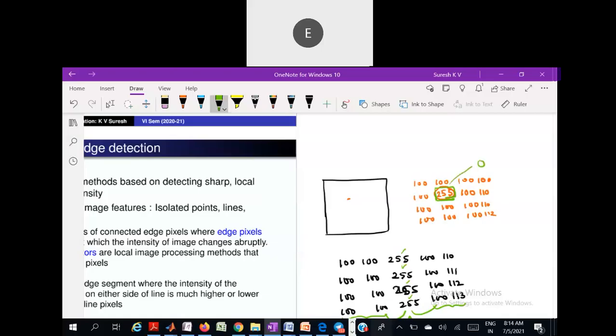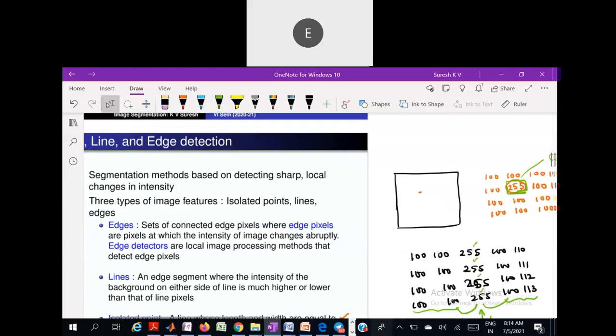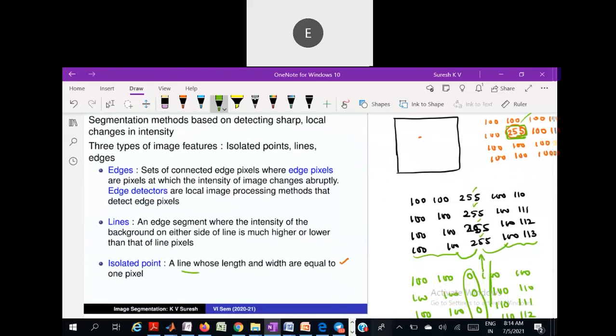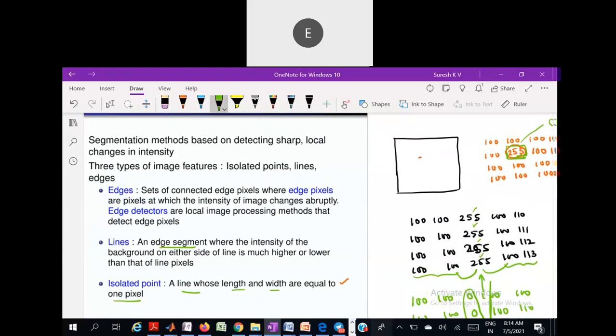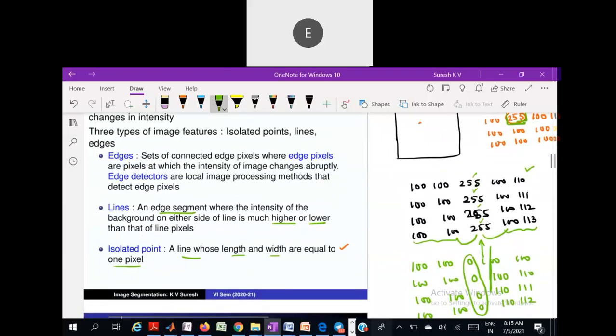In such case, it will be the lowest value. So a point is a line whose length and width are equal to 1 pixel. And a line is an edge segment where the intensity of the background on either side is much higher or lower. I think I've given specific examples to understand this.